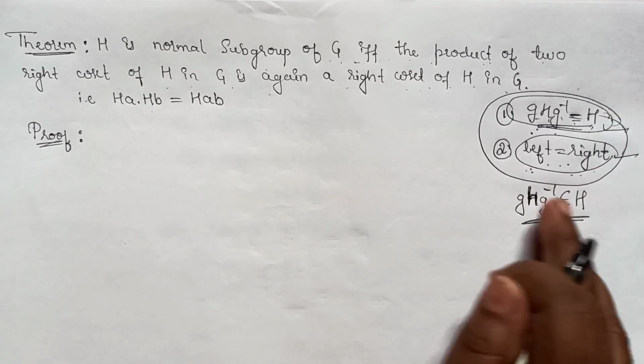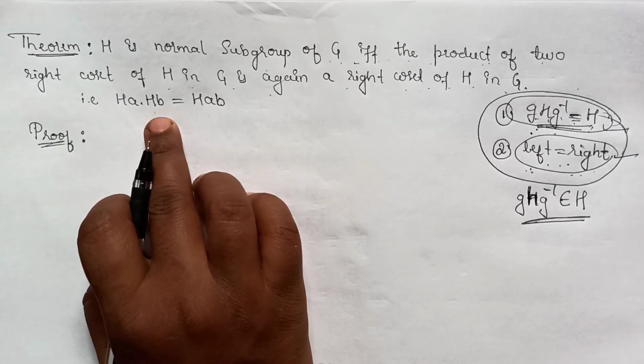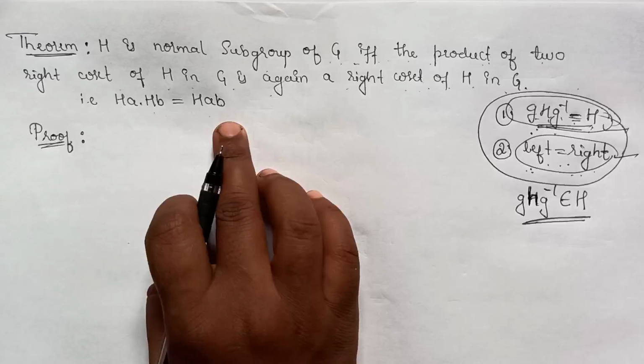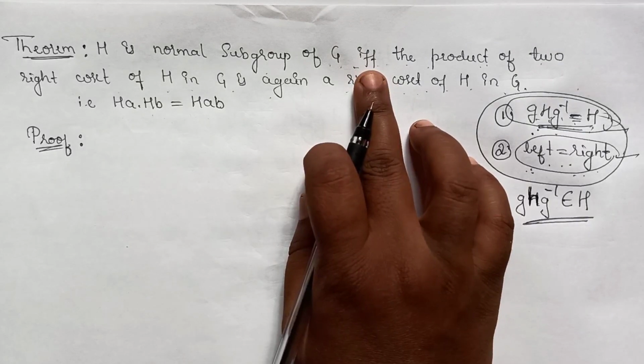So see here we have to prove that the product of two right cosets equals again a right coset. Because this is an if and only if condition, here also we have to prove this theorem in two parts.